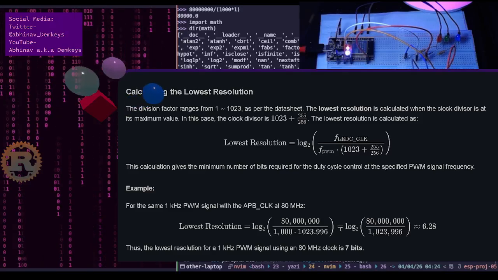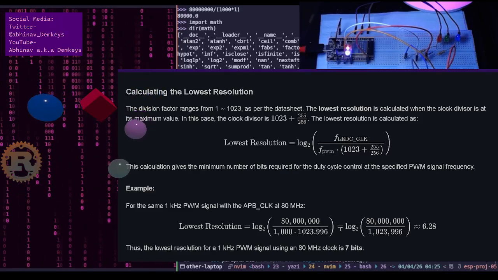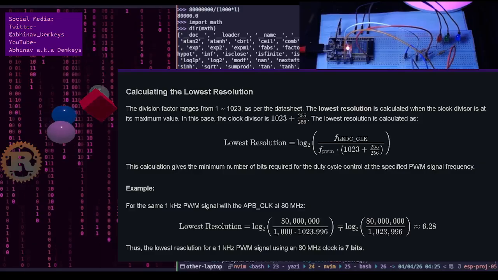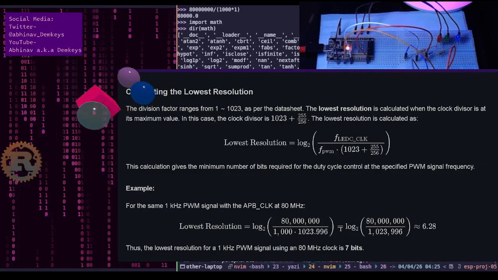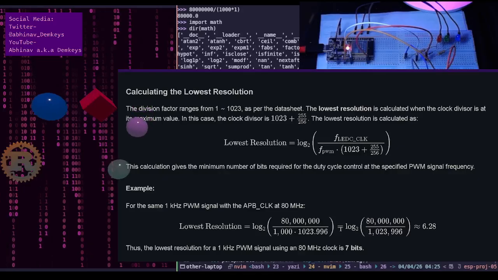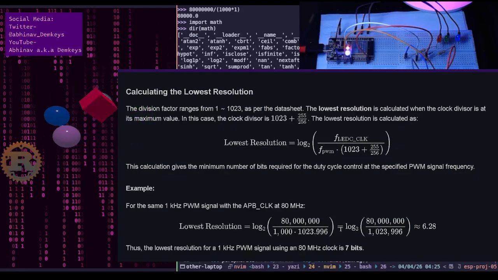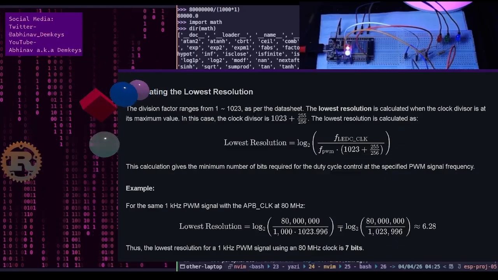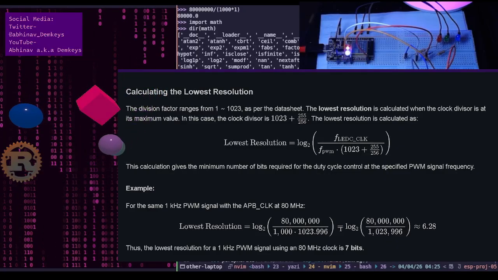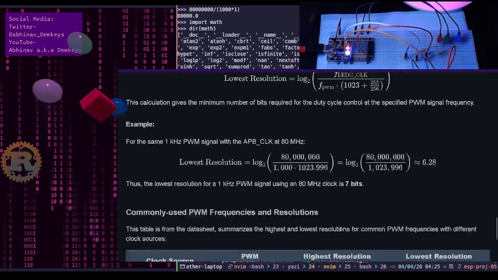Okay, all right. This calculation gives the minimum number of bits required for the duty cycle control at the specified PWM signal frequency.